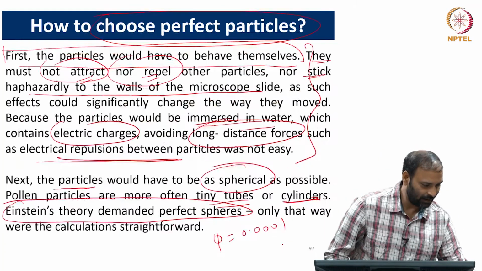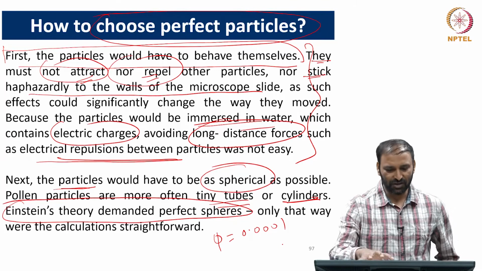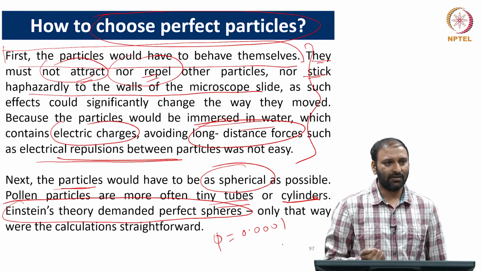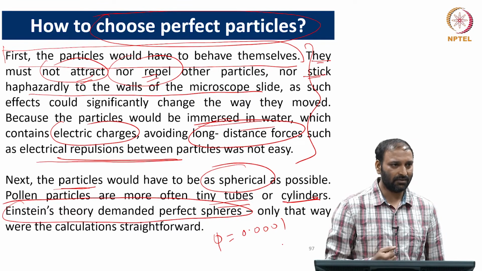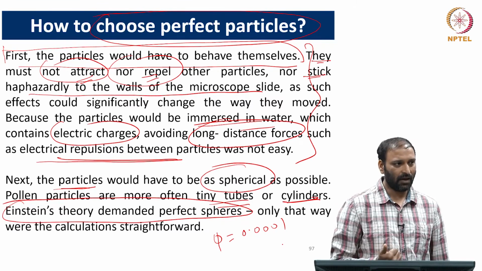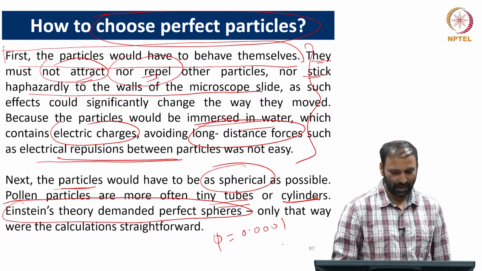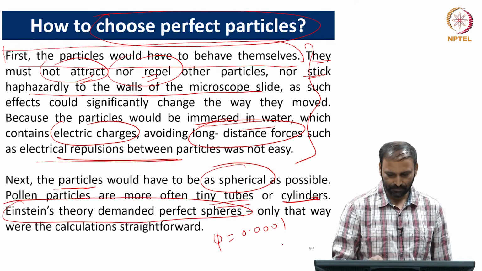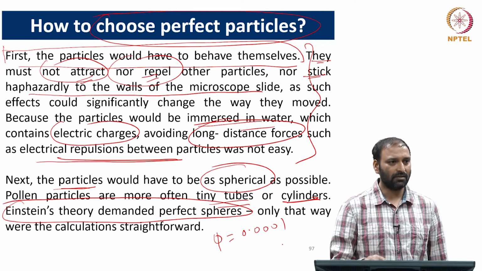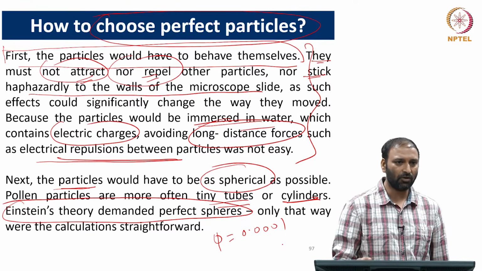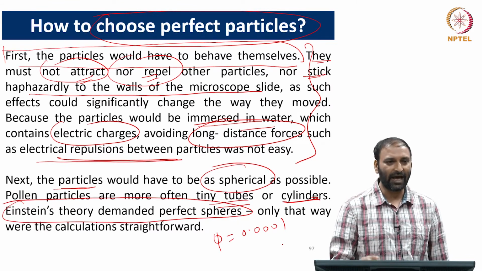So, what I mean by that is, if you look at the first part, it says that the particles should neither attract nor repel, and they should neither stick to the walls of the container, right. Okay, that is one requirement. The second one is they should be as spherical as possible.